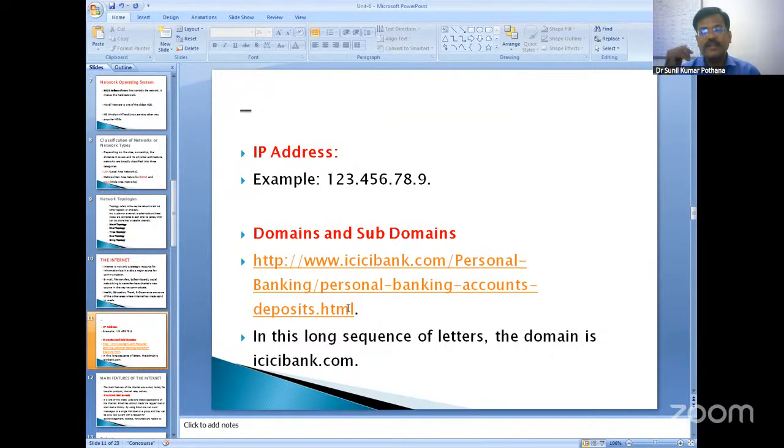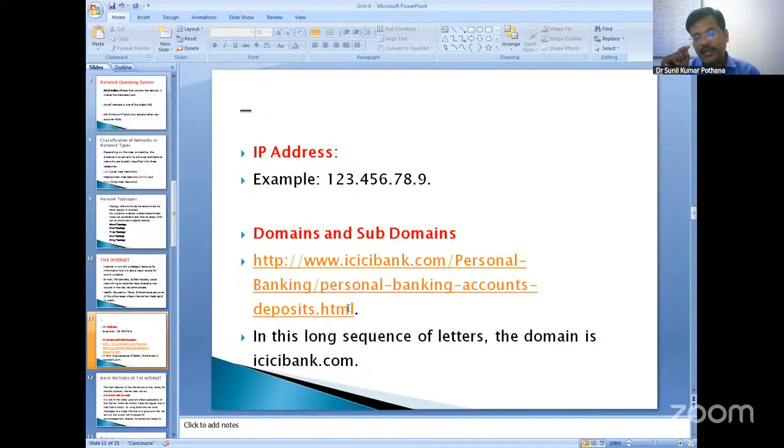Generally we call it an internet protocol address. It is a unique number that is assigned to each computer that uses the internet protocol for communication with other computers situated on the same network.